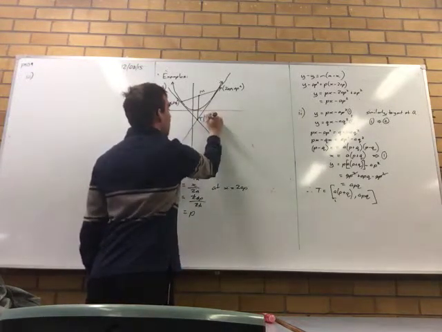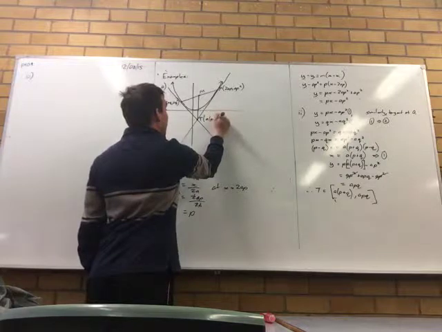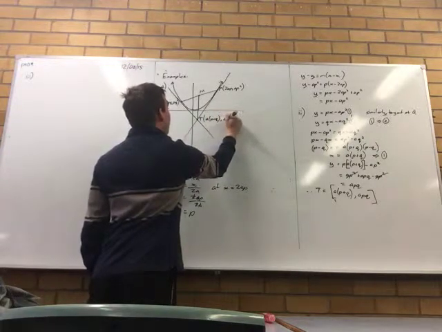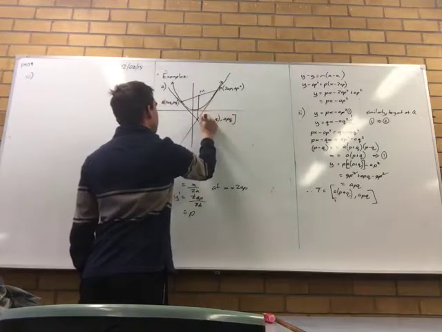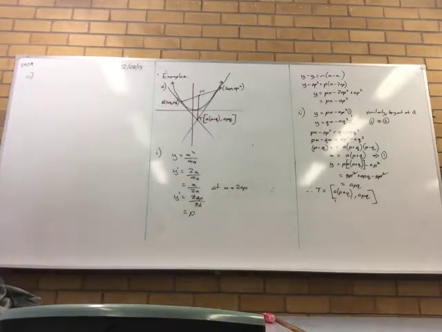Add the information as you go. That's why we do a big diagram, so that we can add it as we go, and we can look at the information in our diagram, rather than trying to go back to the question. So, to show that MT is parallel to the y-axis, what do I need to do?